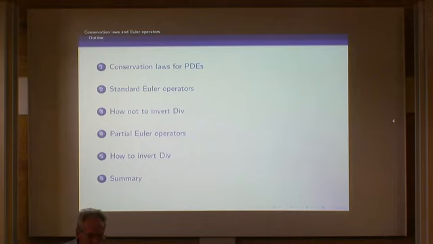And it's one thing being able to do calculations by hand for simple things, but you want to try to be able to automate the process as far as possible. And so there's a key question in this, which is how do you invert the divergence operator symbolically? And we'll look at that for the second half of the talk.